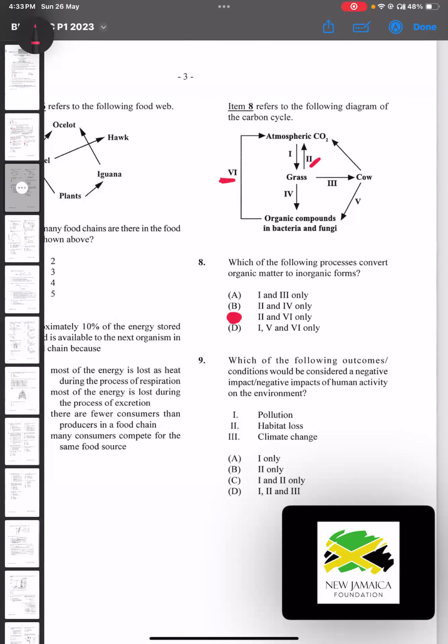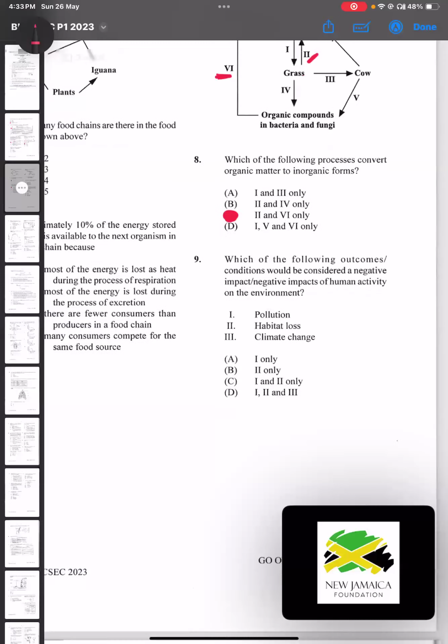All right. So number 9, which of the following outcomes would be considered a negative impact or negative impacts of human activity on the environment? Obviously pollution would be included in the answer, because we know that pollution is a result of human activities. For the other two, would you consider those things that are caused by human activities?